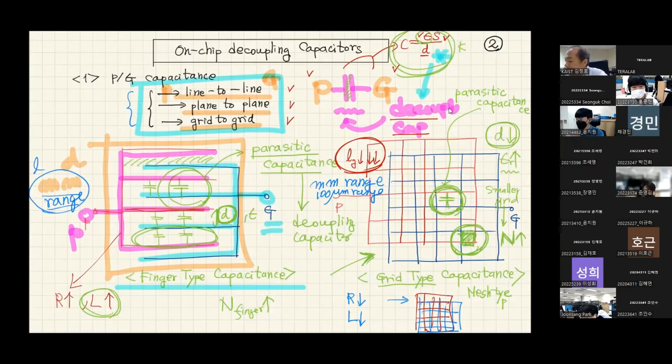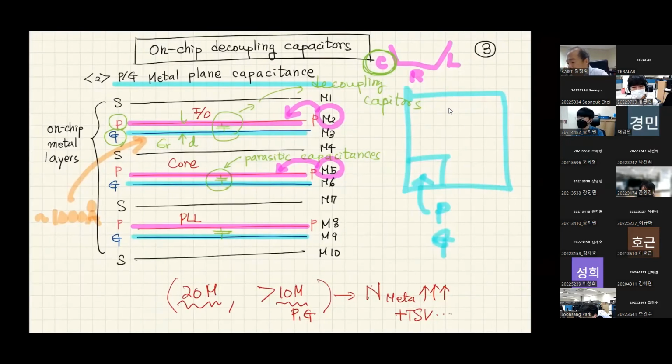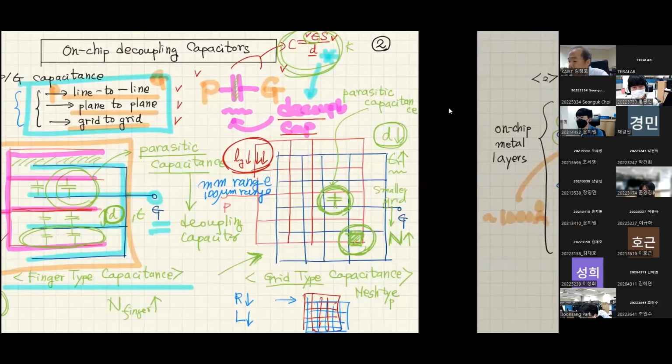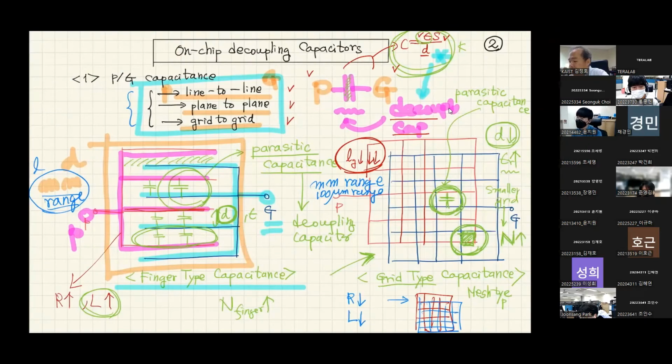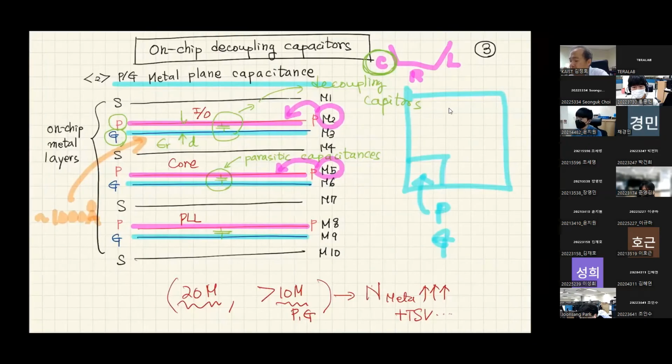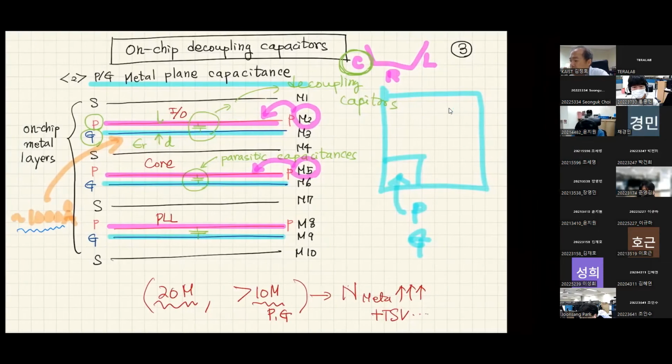I'm sorry, here the grid length size is in the 100 micrometer range. And that is important to form the parasitic capacitance. Here it has a 1000 angstrom range between the metals on top of the silicon chip.